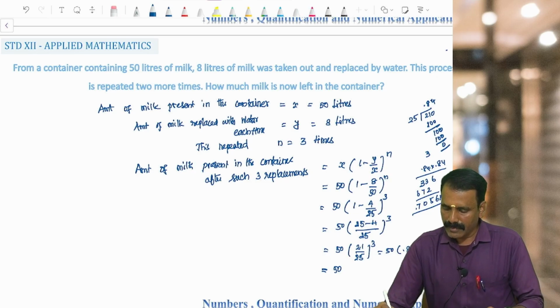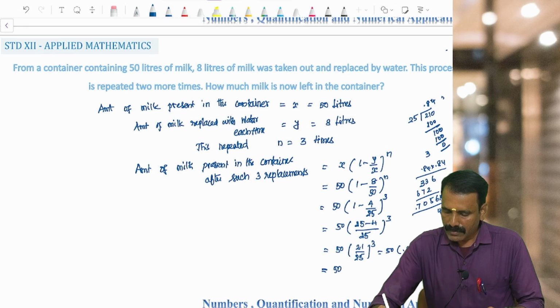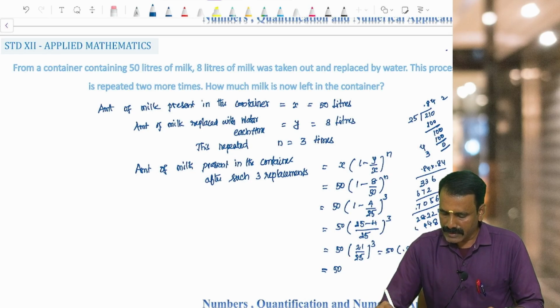We multiply. 4 6s are 24, balance 2. 4 5s are 20, 20 plus 2, 22. 4 7s are 28. Multiplied with 8. 8 6s are 48, balance 4. 8 5s are 40, 44. 8 7s are 56.